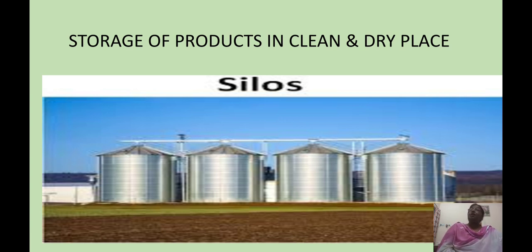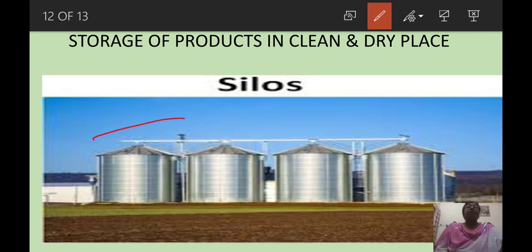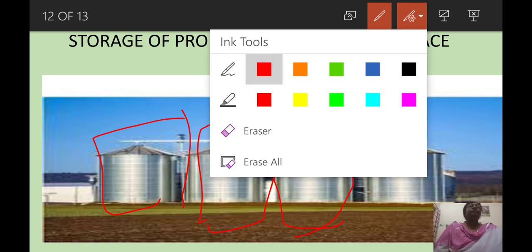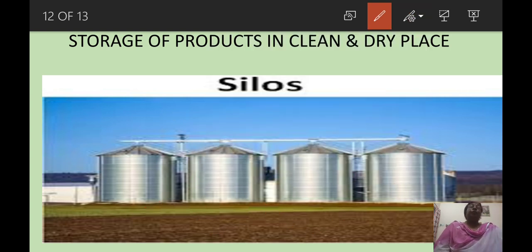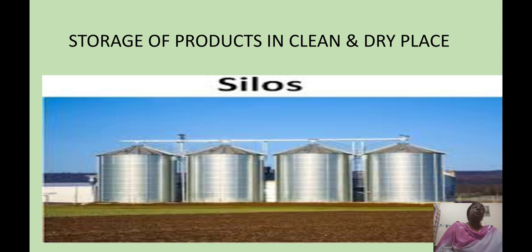You can see how huge and large they are, and they store the grains. You can see big silos. They store the grains in them. Okay, now the grains are stored properly.